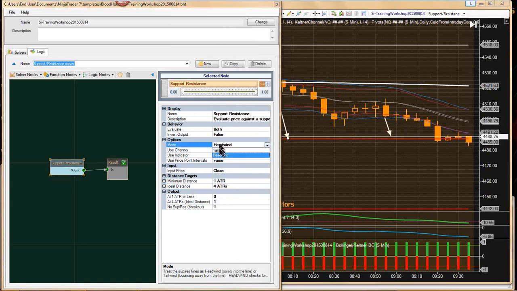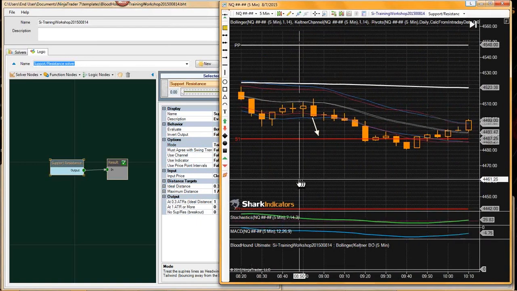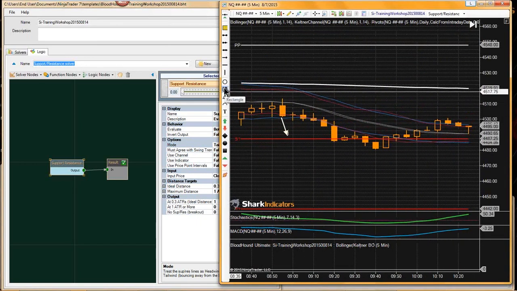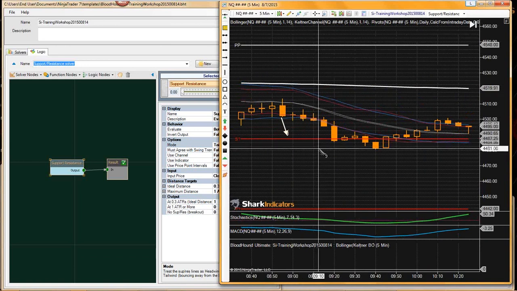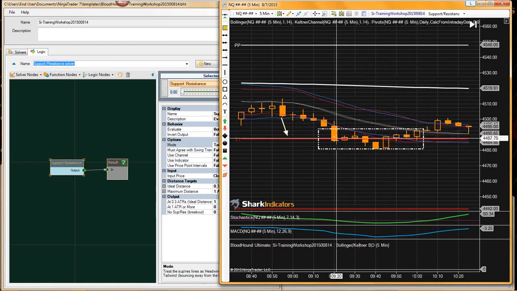Now tailwind mode, let's switch this to tailwind mode. Tailwind mode is basically the opposite. Tailwind mode is designed to identify when price is right up against our support or resistance to take a bounce trade off of it.